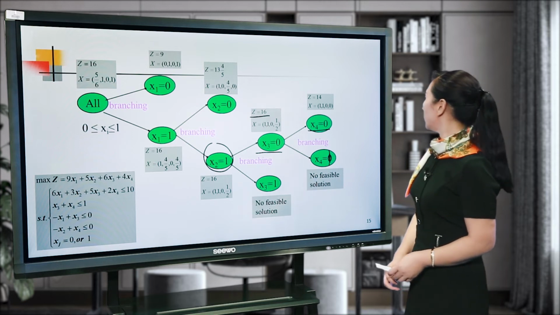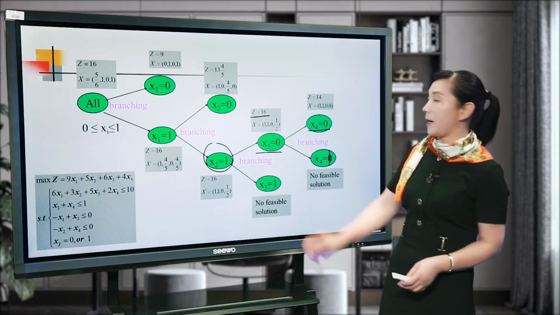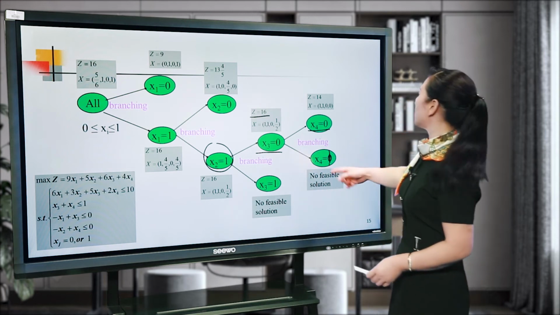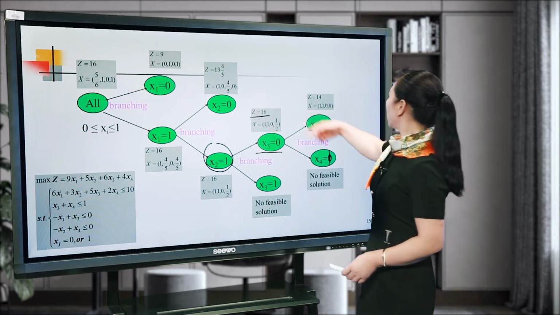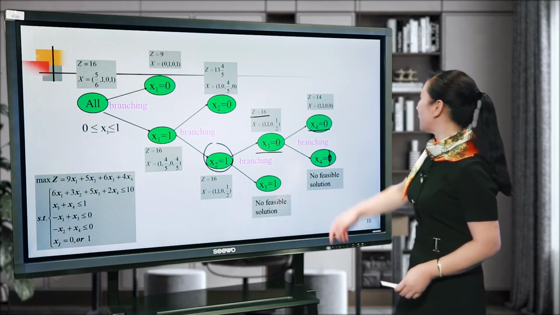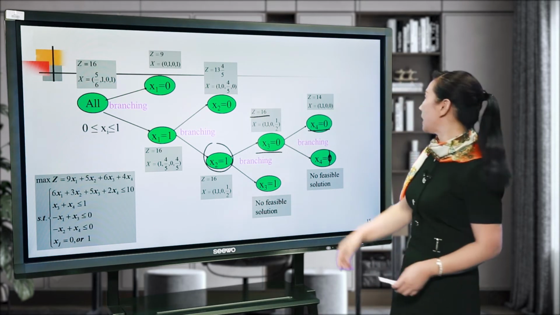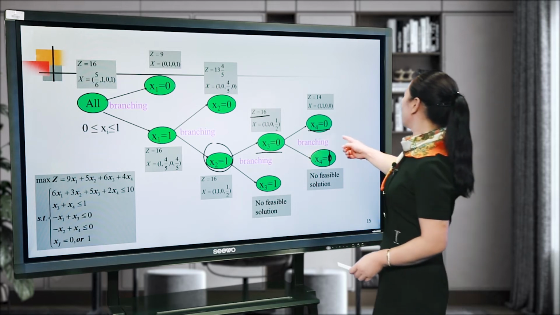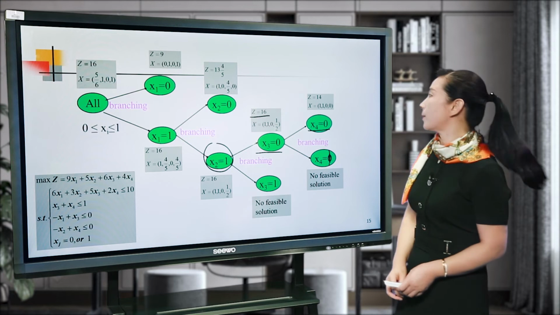So we note in these two subproblems that this one has no feasible solution. We cut this branch, and in these subproblems we get the binary solution, and stop here.